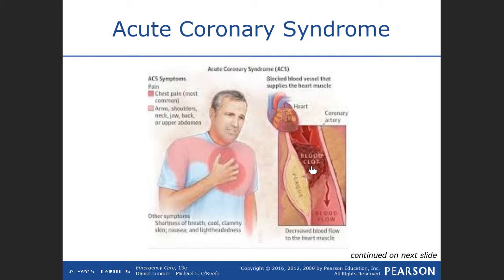And as blood flow is blocked off, whatever part of that heart is getting fed by that artery is not getting any oxygen. And so that person is in the process of having a myocardial infarction, or what we medically or colloquially call a heart attack.